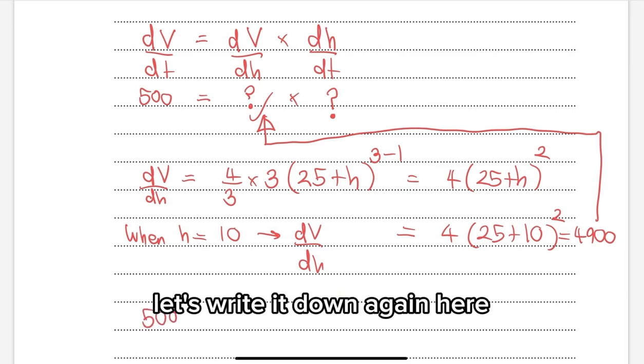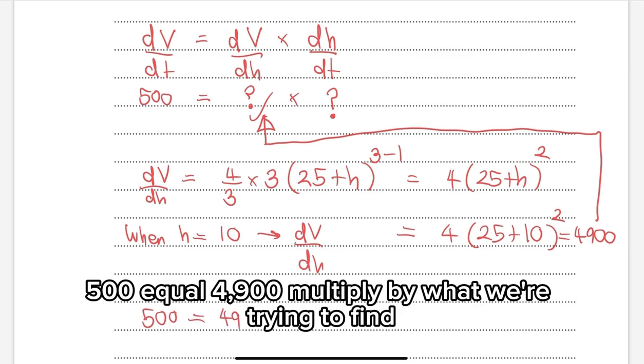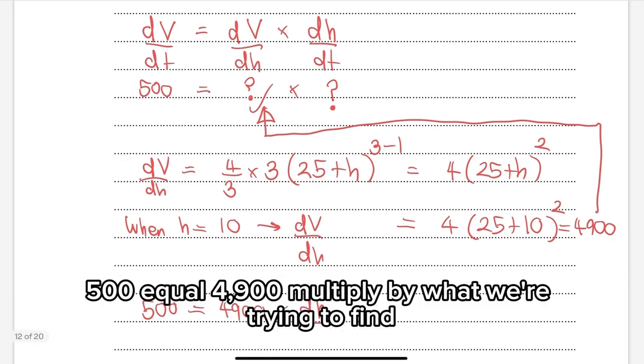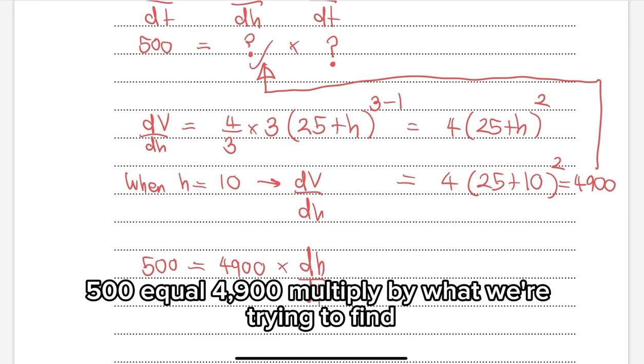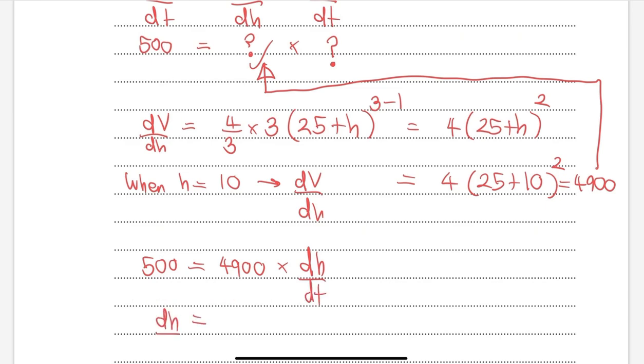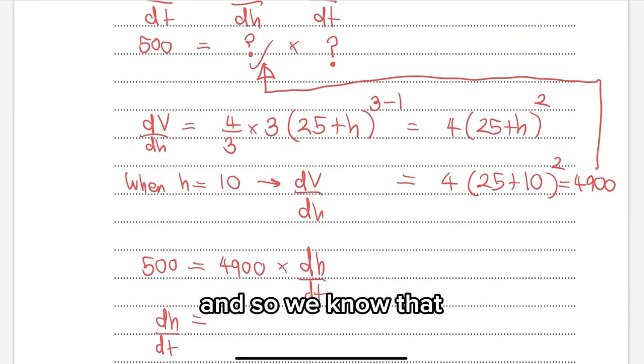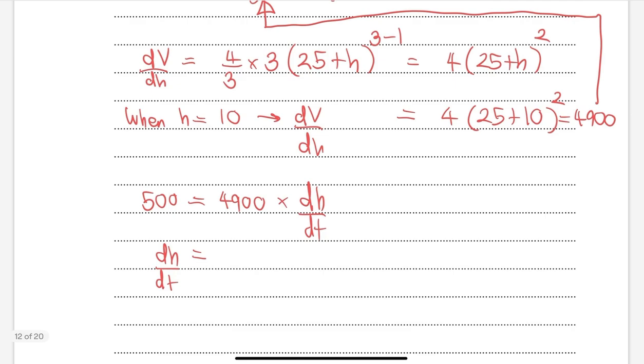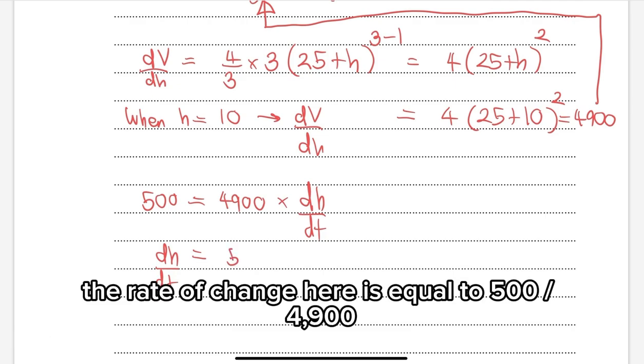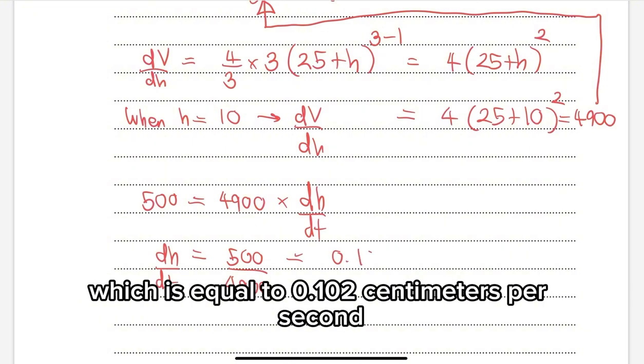Let's write it down again here: 500 equals 4,900 multiplied by what we're trying to find. And so we know that the rate of change is equal to 500 divided by 4,900, which is equal to 0.102 centimeters per second.